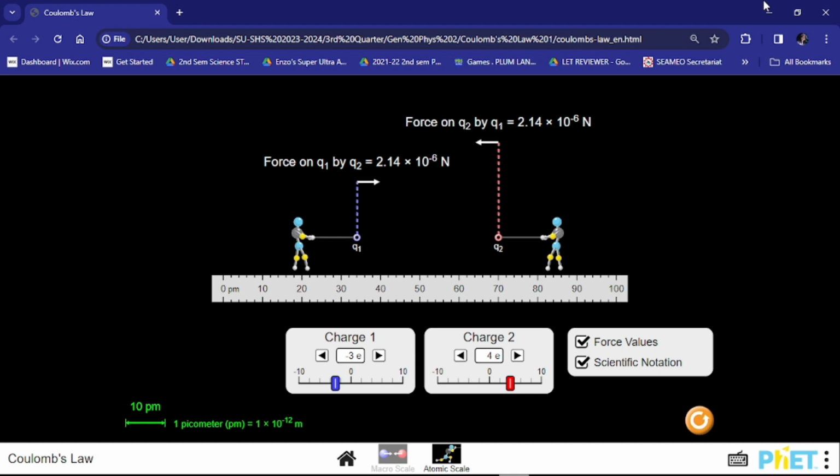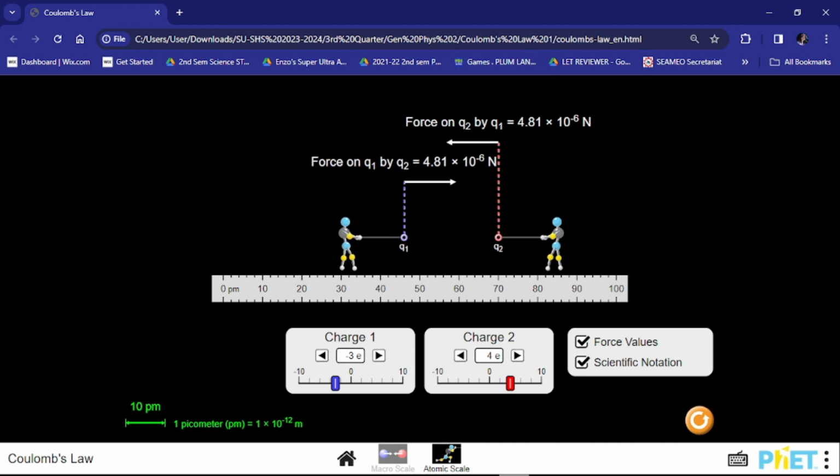Now this time, what do you think will happen if I try to move quark 1 closer to quark 2? I want you to observe the values of the force on Q1 by Q2 and the force on Q2 by Q1. Kindly observe what happens if I move quark 1 closer to quark 2.